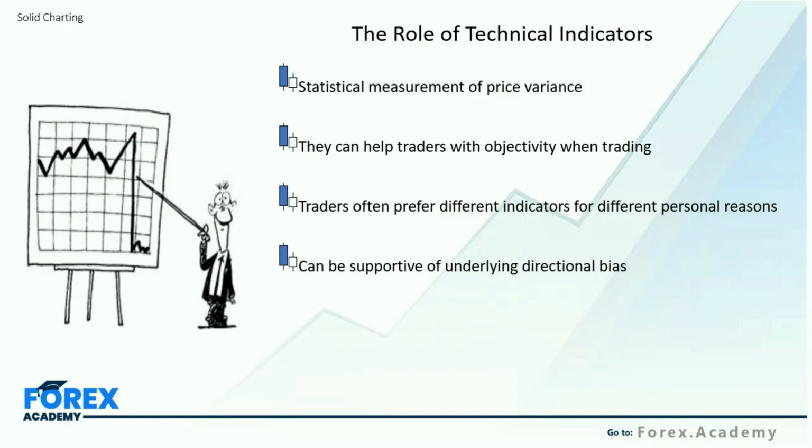Technical indicators can be supportive of underlying direction of bias, so they can certainly assist with a more natural approach to assessing markets. They can certainly give a trader a little bit more confidence in the decision-making processes. And they can also assist traders with their specific entries and exits.